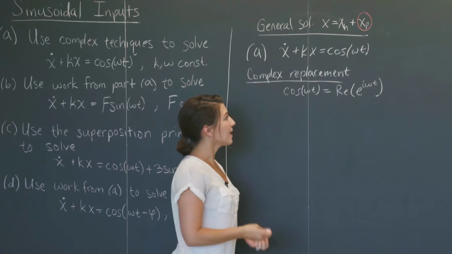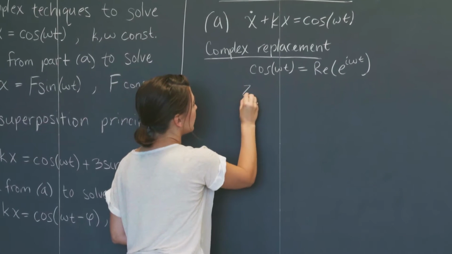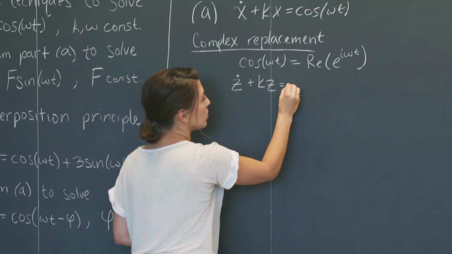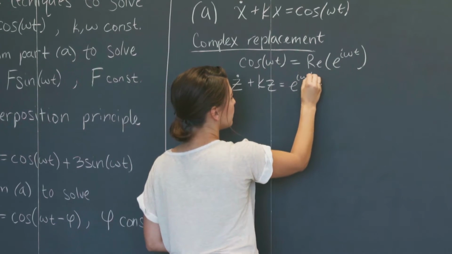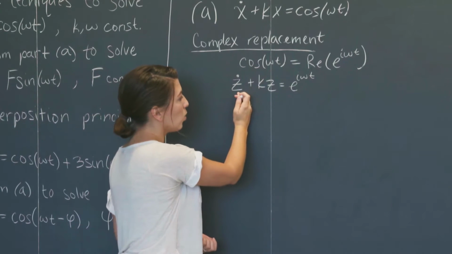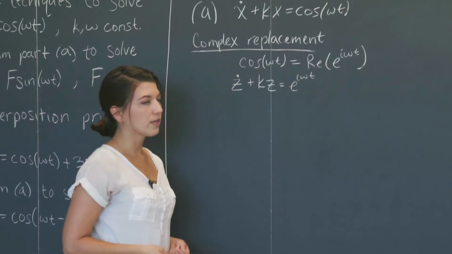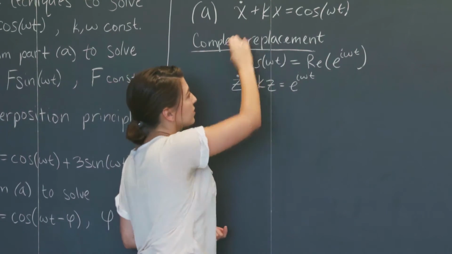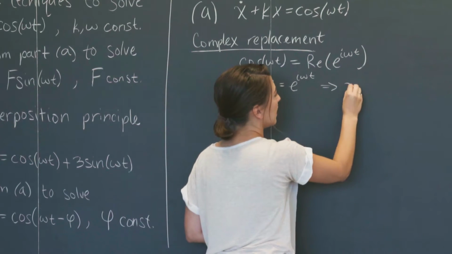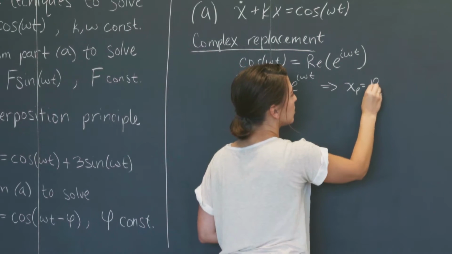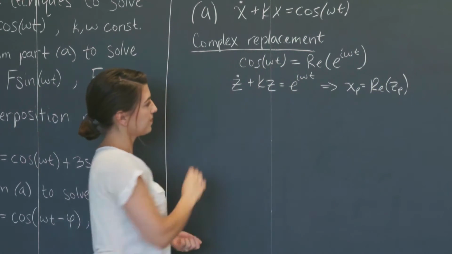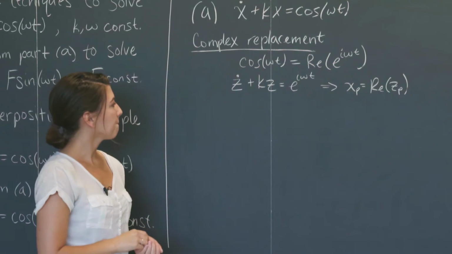So we can complexify this ODE by writing z dot plus kz equals e to the I omega t, and we'll find a particular solution to this ODE. Once we do that, we take the real part of that solution, which will give us a particular solution for our original ODE. So x sub p will be equal to the real part of z sub p, where this is a particular solution for this ODE.